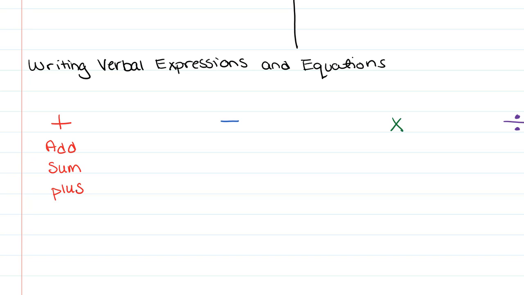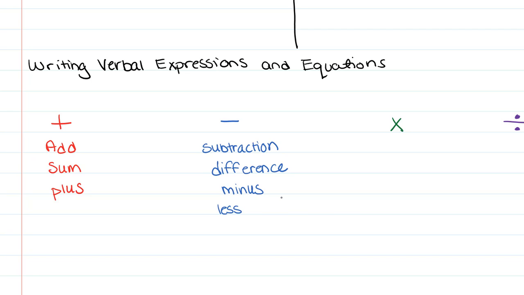These are all options you would see to know that you need to write the plus sign. The subtraction symbol, so that is subtraction or subtract. Difference, so find the difference between two numbers. Minus, and you may also see less than.